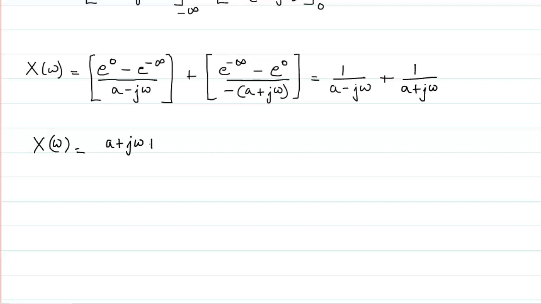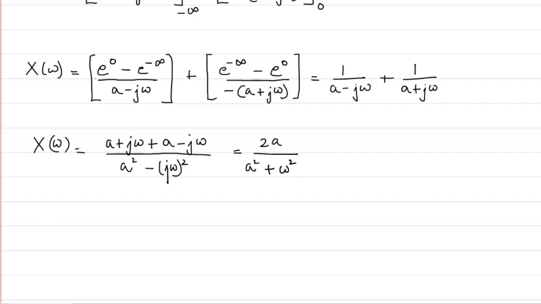When we cross multiply, we will get a plus j omega plus a minus j omega, divided by a square minus j omega the whole square. We know that the numerator will become 2a, and in the denominator I will have a square and minus of j square is minus 1, so this minus and that minus will cancel off, and I will get a square plus omega square.